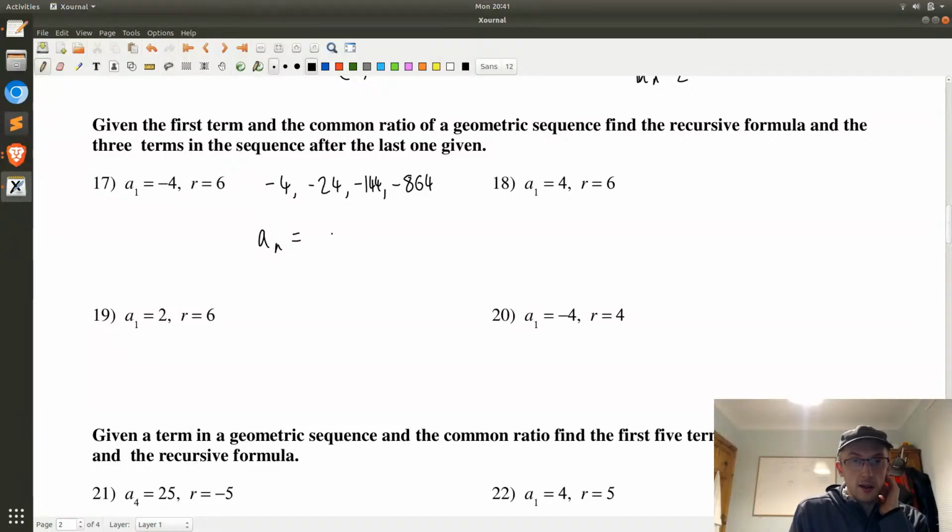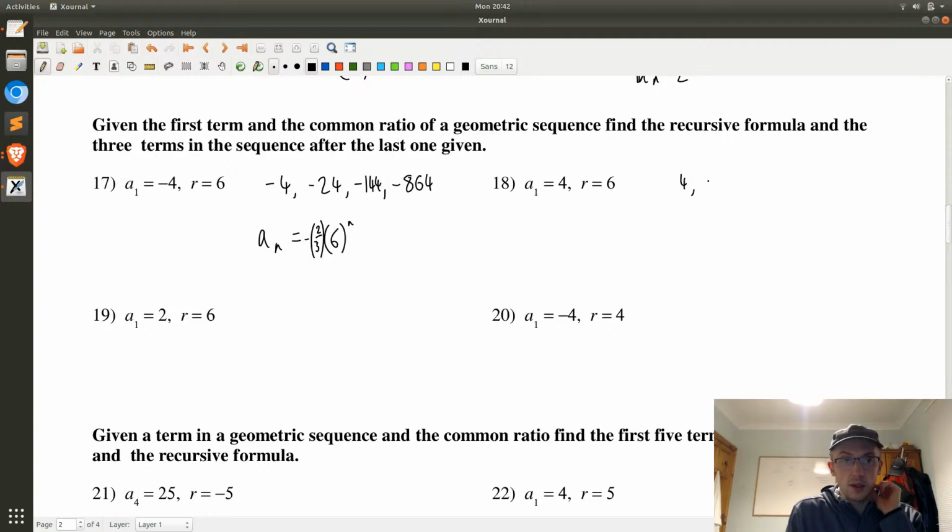And the nth term will be 6 to the power of n, and that has to be negative, and then you have to do 2/3 of that, or 4 out of 6, I guess is a way to think about it. Term 1 is 4, common ratio is 6.